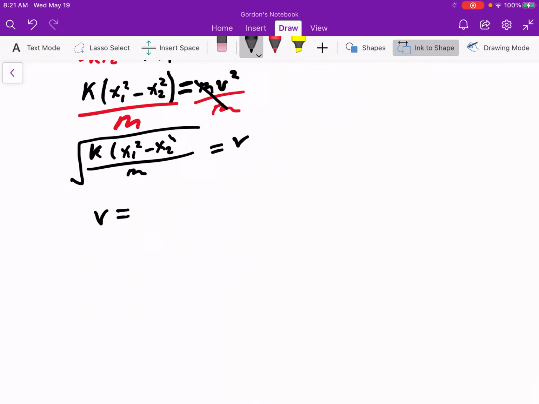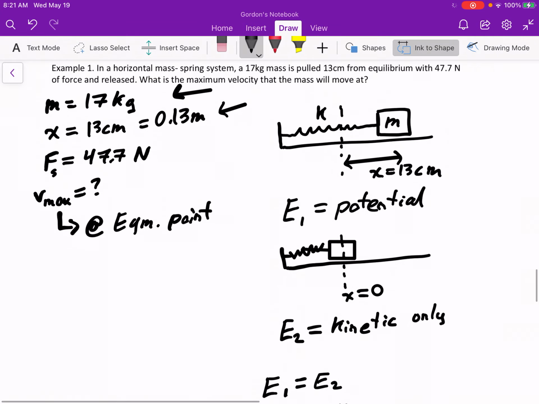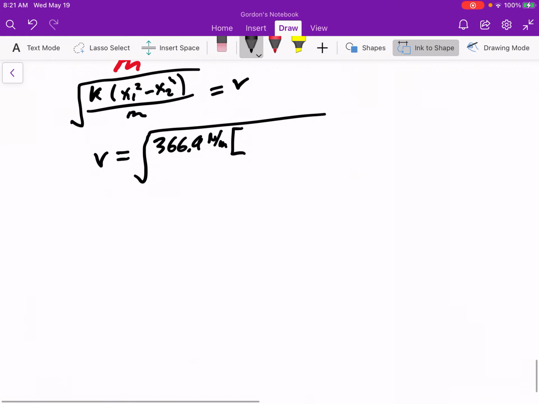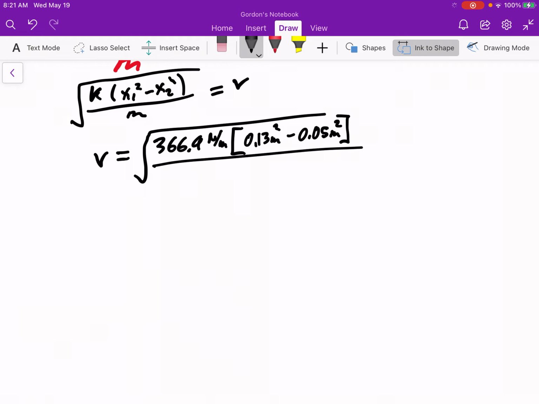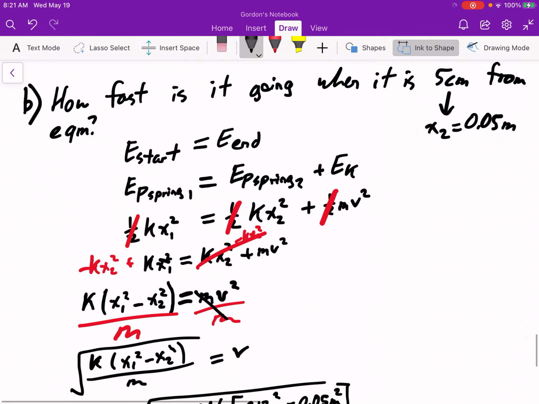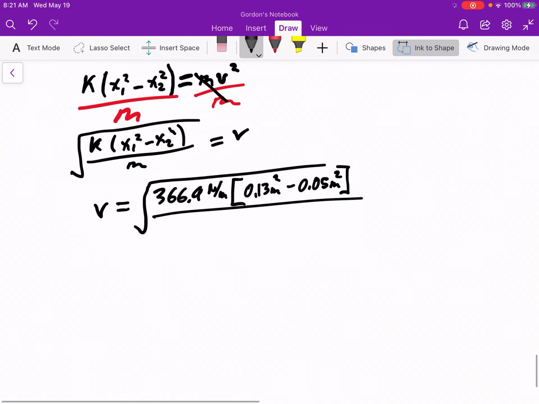And if we plug some numbers in here, we can figure out how fast the object is moving when it is 5 centimeters away. Because x1, we said, was the original distance that we pulled it back, which was 13 centimeters or 0.13 meters squared minus 0.05 meters squared divided by this mass, which again was 17 kilograms.